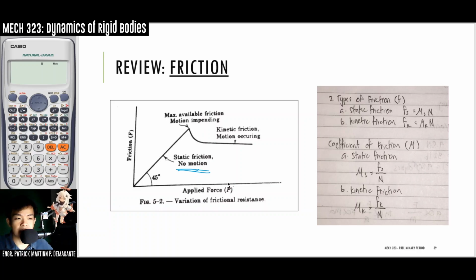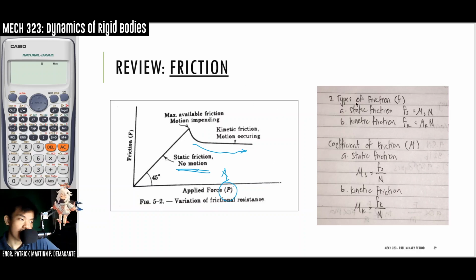As you increase the applied force, the friction felt by the object decreases. Up to a certain point, when it is very fast, it is as if there is no friction. That is the idea.